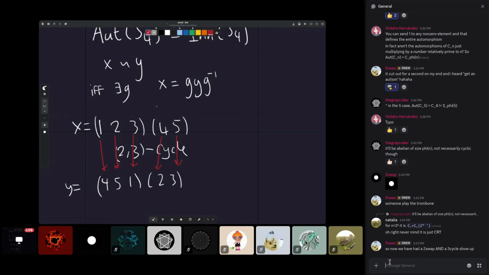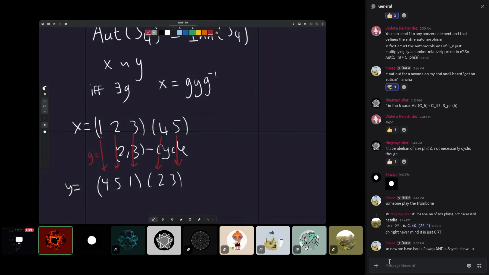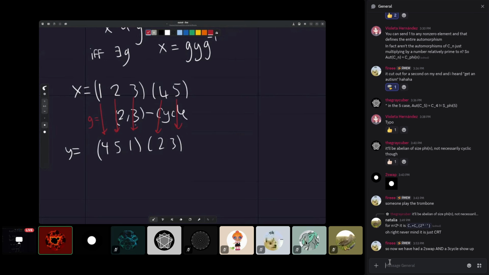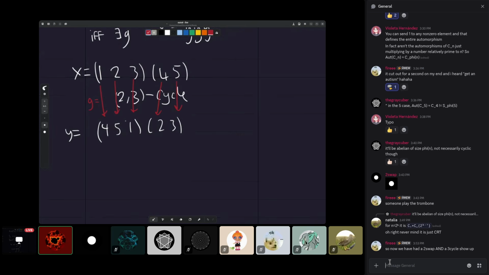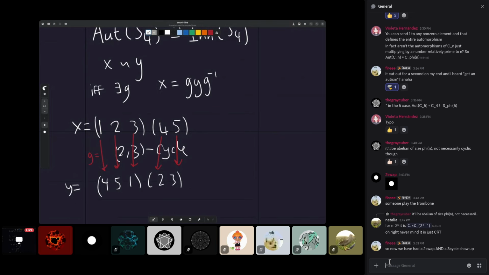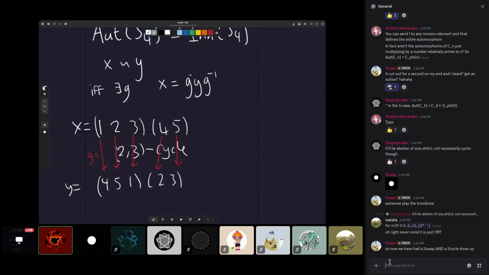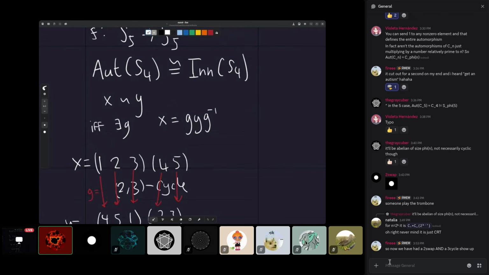So yeah, exactly. So that's your G, up to inverses, because I can't be bothered to figure out which way that should be. So that might be G, that might be G inverse. I don't know. You can check. And it doesn't really matter because there exists a G inverse. You can replace G with G inverse, and it doesn't change this definition.